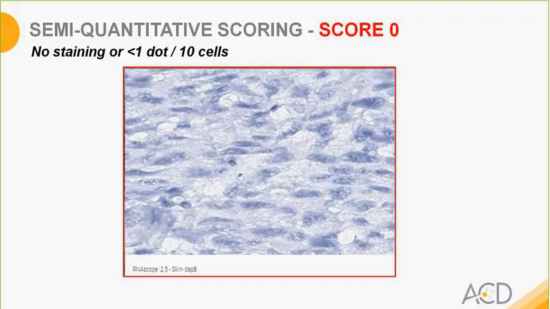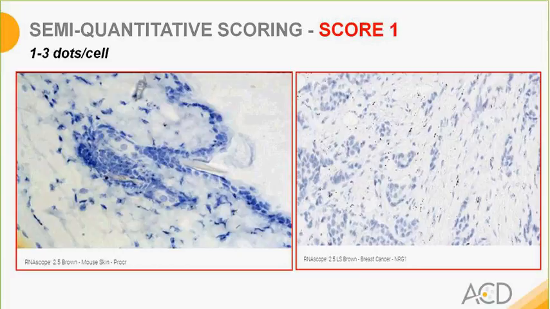Some examples of this scoring schema are shown in the following panels, with the first panel shown here showing a semi-quantitative score of 0, obviously showing, in this case, essentially no staining. An example of a score 1 correlating with the presence of 1 to 3 dots per cell is shown in the following two panels.